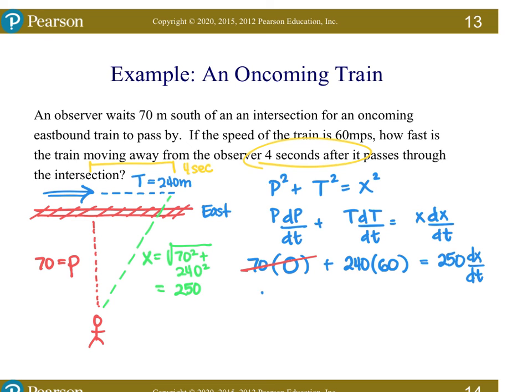So we're looking at 14,400 equals 250 dx dt. So a simple division gives 57.6 as the speed of the distance between the person and the train, and that distance is measured in meters again, so this would be meters per second.